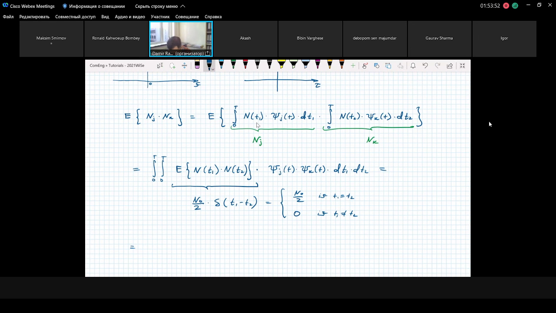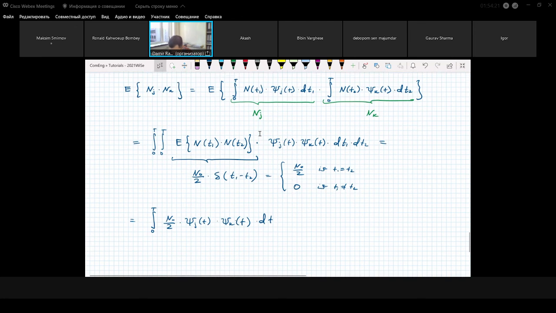We can say that we consider the same time, let's say t2, and instead of this double integral, we get just one integral. It will be N0 over 2 times psi_j(t2) times psi_k(t2) dt, or we can even write just psi_j(t) psi_k(t) dt.